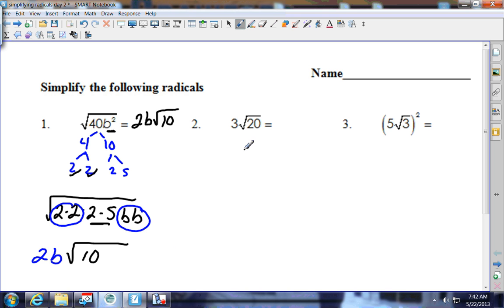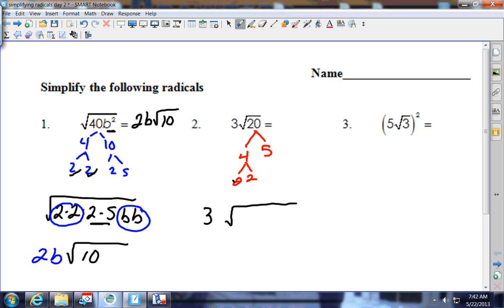All right, now look at number 2. Number 2 says 3 times the square root of 20. Well, all we need to do is take this 20, and let's go ahead and try and simplify that. I have 4 times 5. 5 is prime, so let's go to the 4. 2 and 2. The 3 still is on the outside.